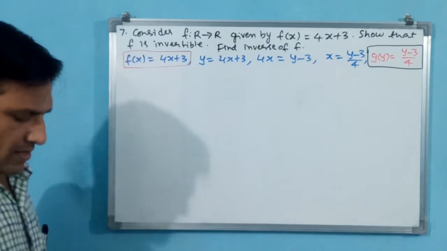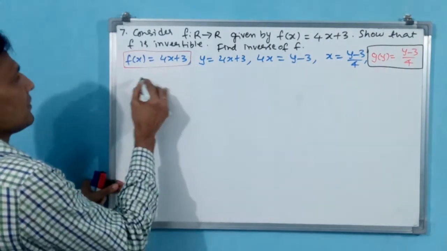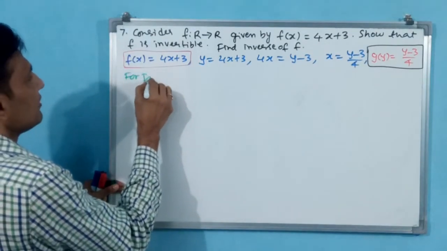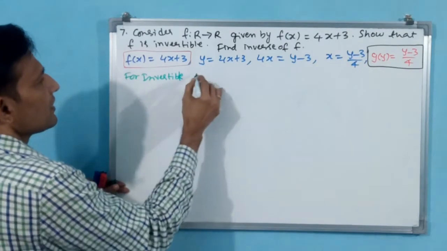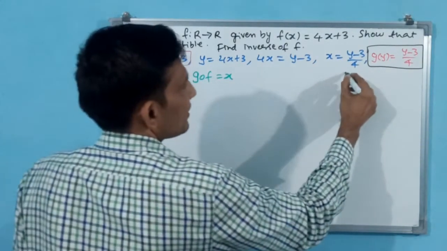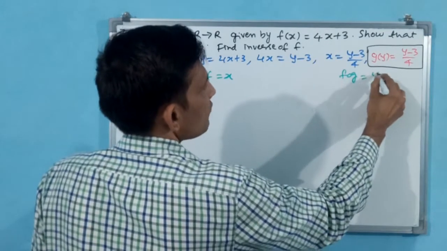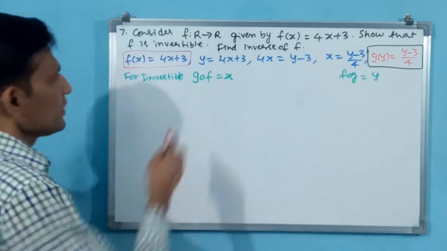Let us see what we have to do now. For invertible, GOF should equal x, FOG should equal y. That we know. Now we take one by one.